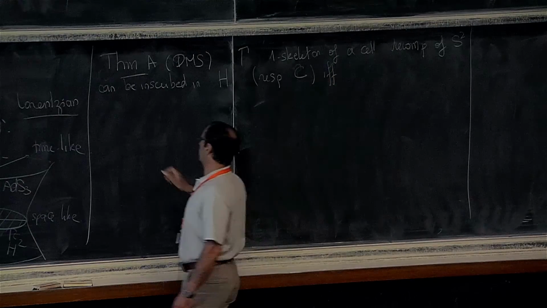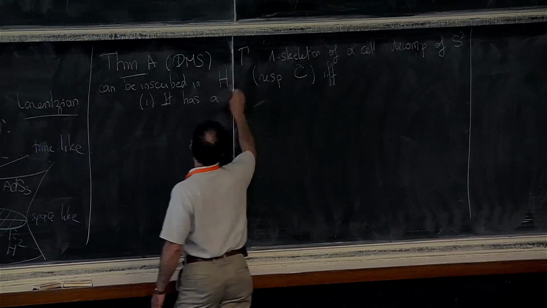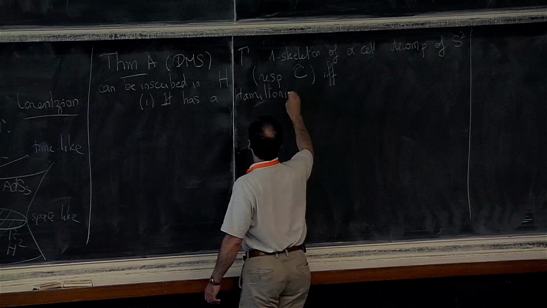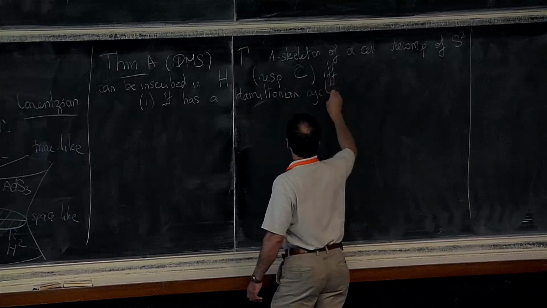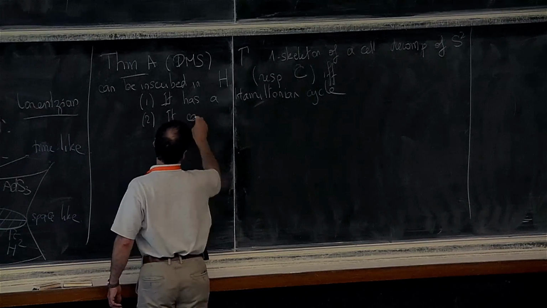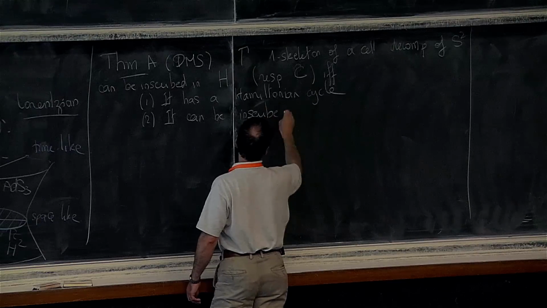two conditions are satisfied. So one, it has a Hamiltonian cycle. And two, it can be inscribed in the sphere.